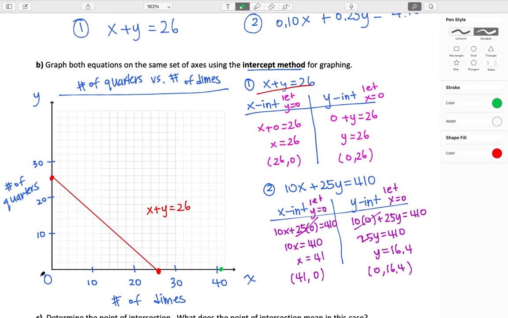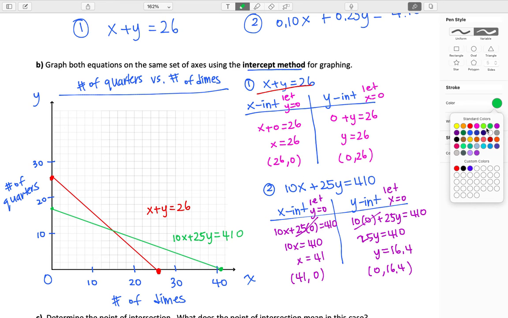And then 0, 16.4. So it's about 16, so 2, 4, 6, just right over here. And then let's connect the points like that. Okay, so this is 10x plus 25y equals 410.